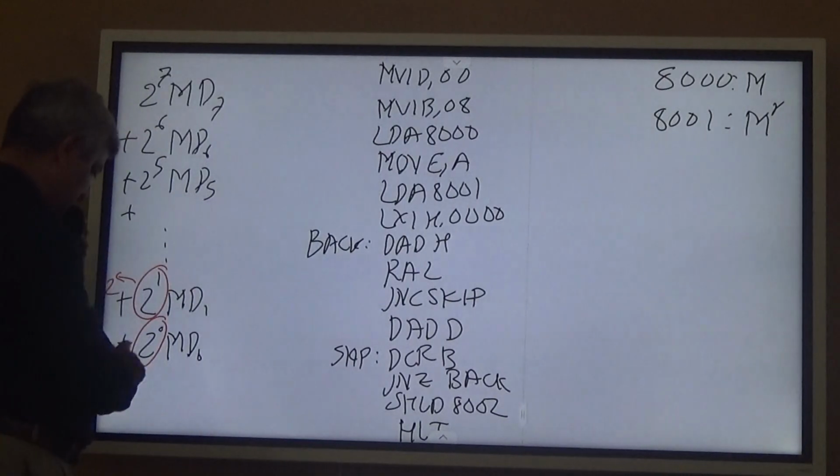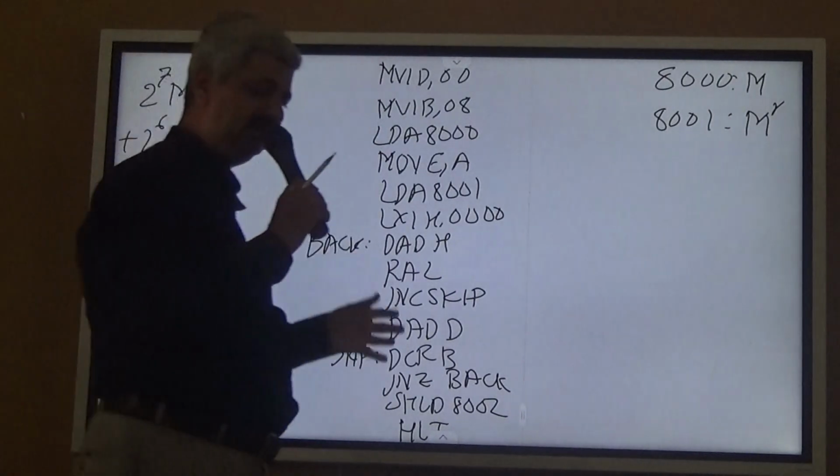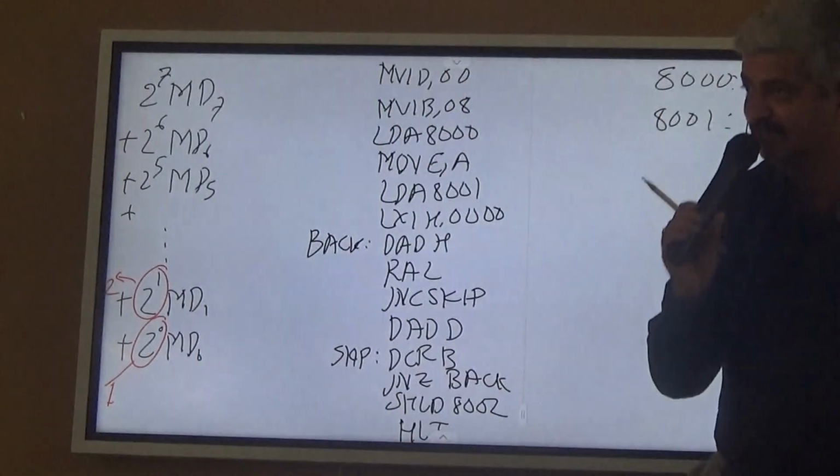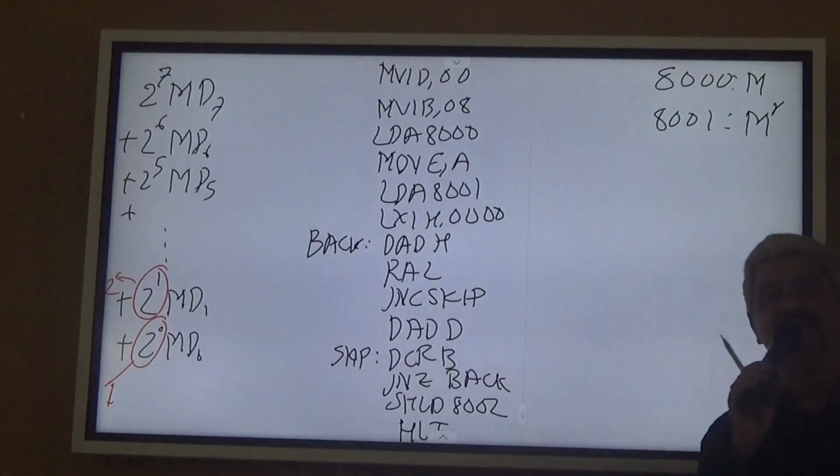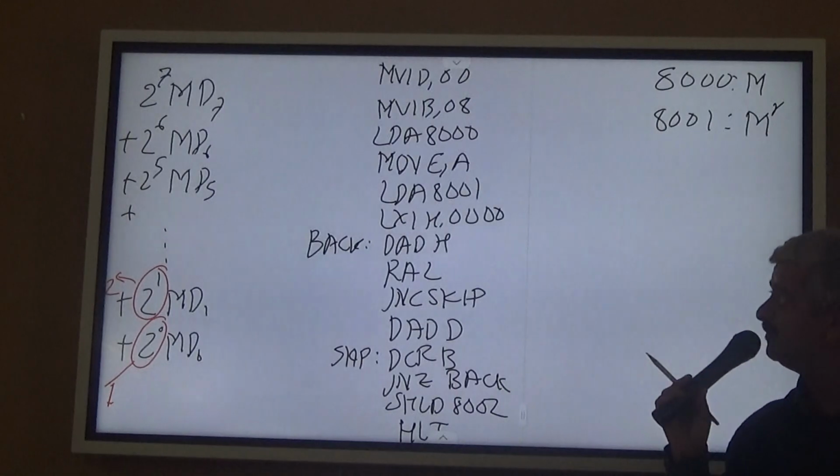Means 1 means that only MD0. Is it right? Shift and add method. Multiply, shift and add. It gets reduced to shift and add.